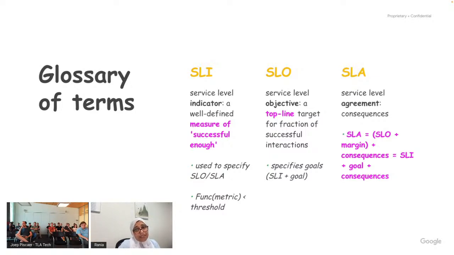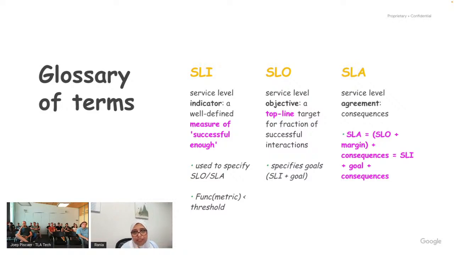SLO, this is the top line. As I mentioned, this is the target, this is the dream, this is what we want to aim for and plan for, because this is definitely going to make our customers' experience much better. SLA, this is the typical agreement and the typical contract that we have with the customers.